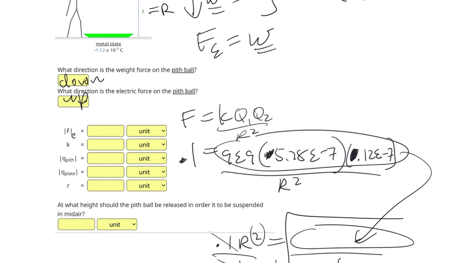Okay, so 9 e to 9 times 5.28 e to the negative 7 times 1.12 times 10 to the negative 7 power, divided by 0.1.